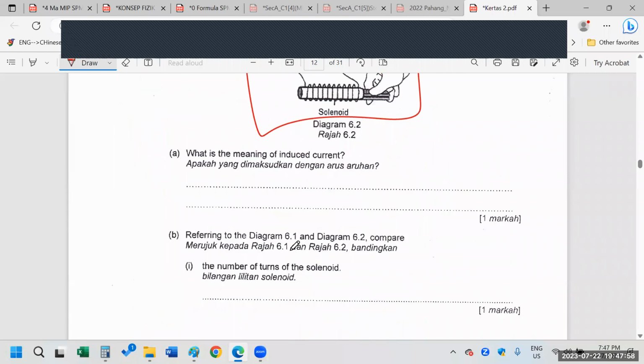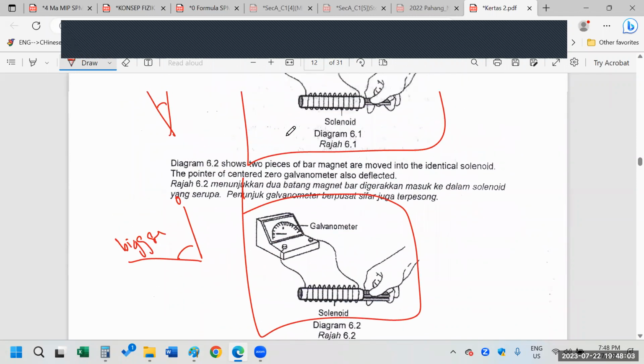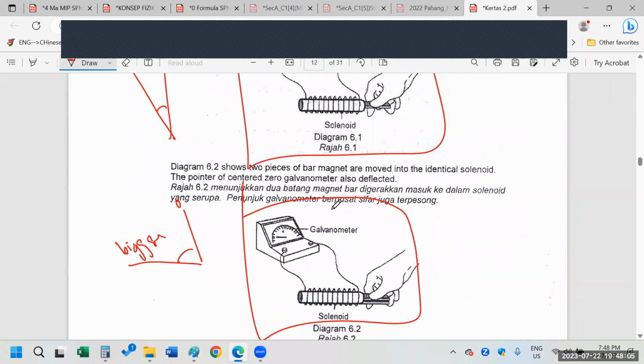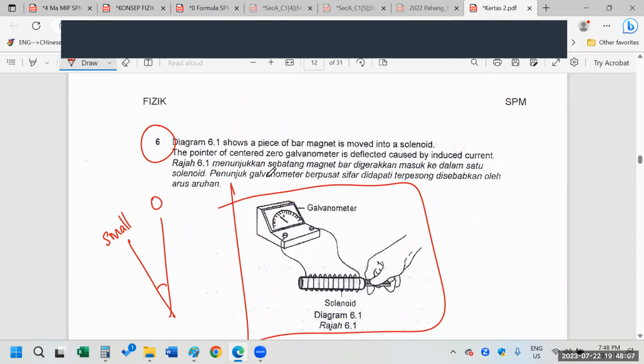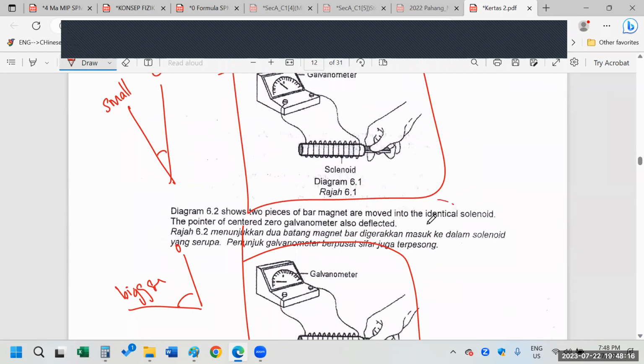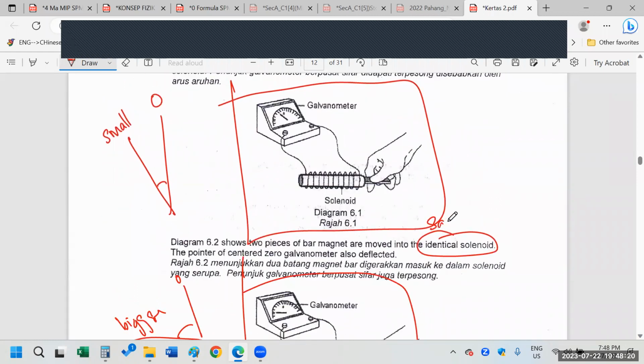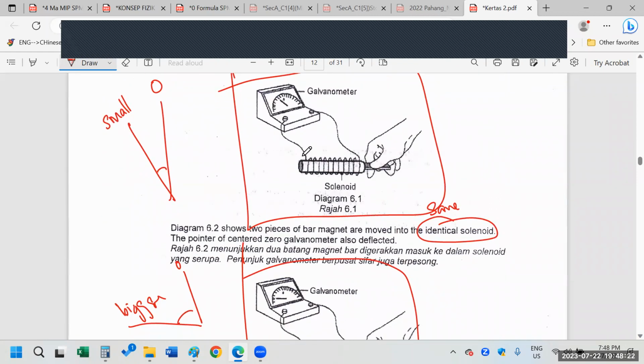Okay, compare the number of turns of solenoid. Identical solenoid. Identical means same solenoid. Solenoid is this.